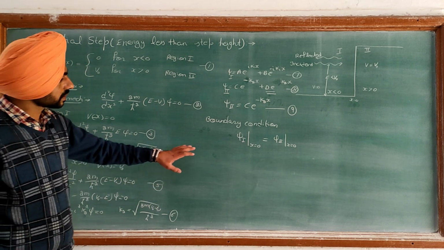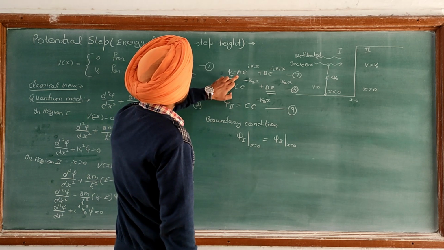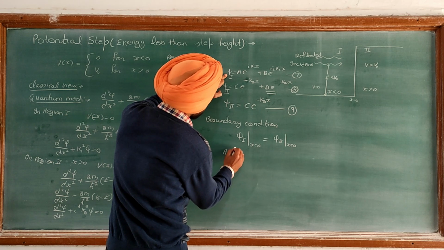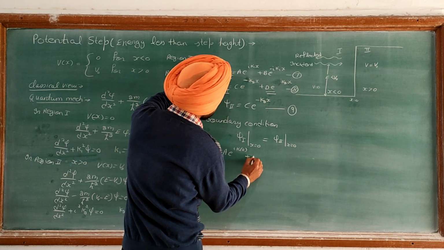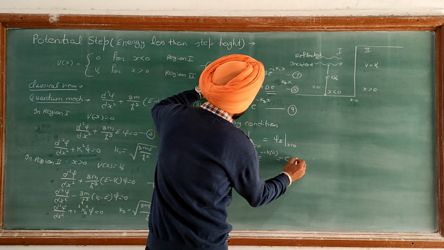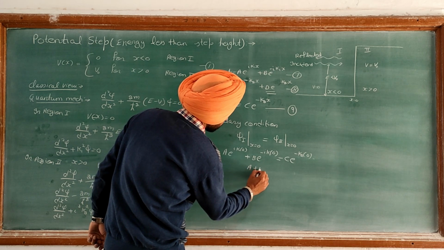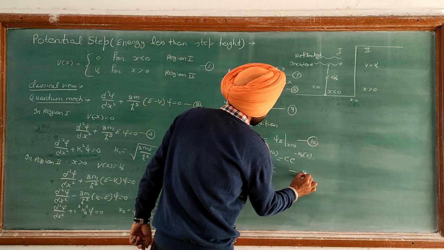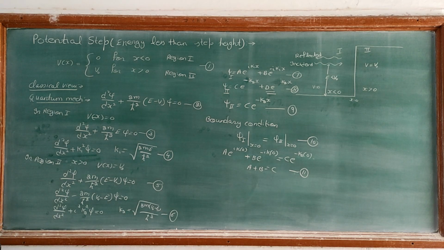So psi 1 at x equal to 0, if I substitute, then psi 1 is A exponential iota k1 into 0, plus B exponential minus iota k1 into 0, is equal to C exponential minus k2 into 0. That means A plus B is equal to C. This is equation number 11. So from the first boundary condition we have A plus B is equal to C.